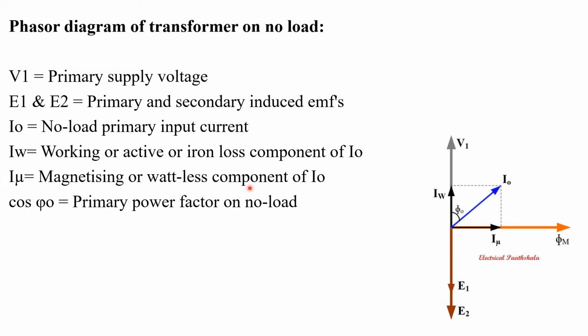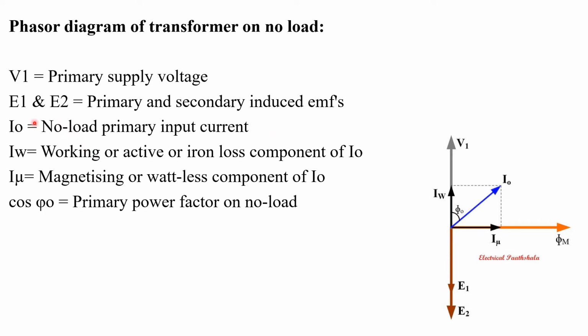Based on those concepts, we can draw the phasor diagram of a transformer on no load condition. To draw the phasor diagram under no load conditions, the following parameters are necessary. V1 is the primary voltage which we give to the primary side of the transformer, and E1 and E2 are the primary and secondary induced EMFs.